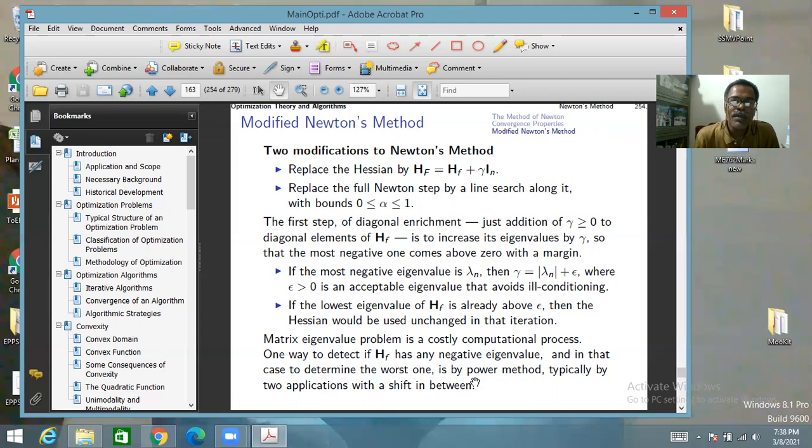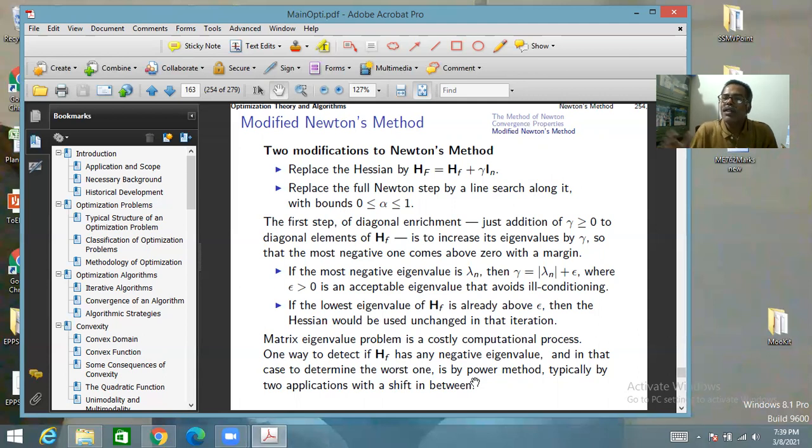So the first time when you do that, in our case, it is unlikely to be negative, because the largest magnitude eigenvalue of a Hessian matrix being negative is a little too much. So typically it would be positive. Fine. Now what you do?